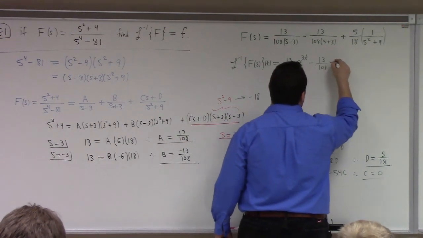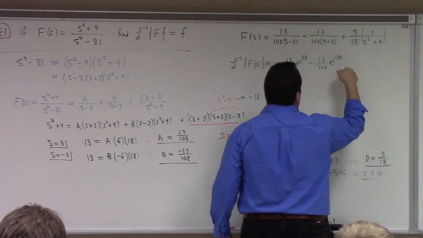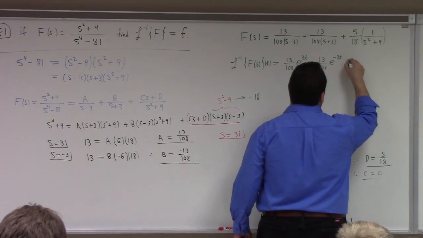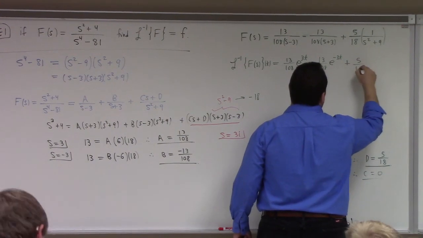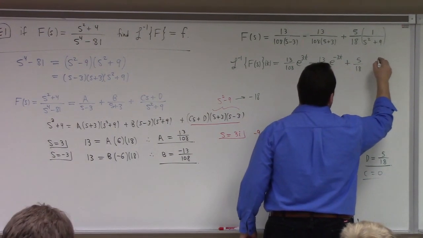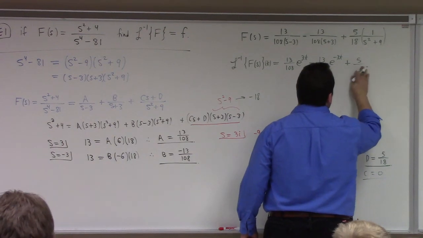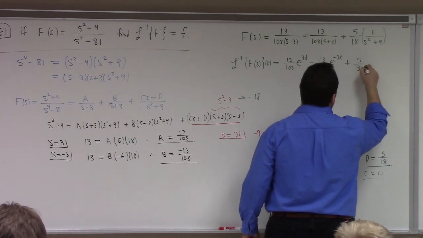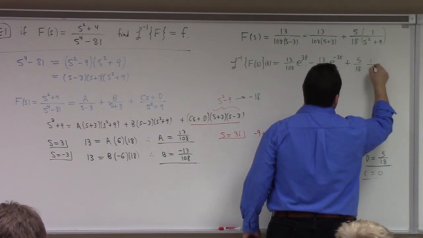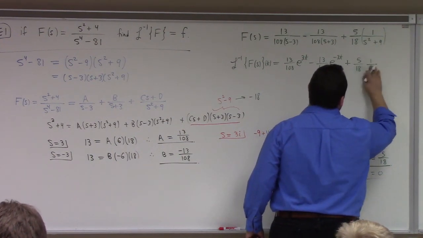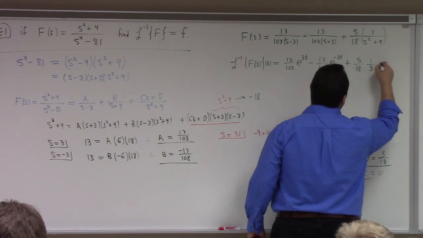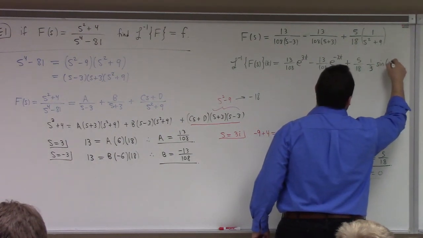This gives me an e to the minus 3t. And this guy is 5/18. And that's actually going to be 5/3. No, wait a minute. Yeah, 5/18. I'm sorry, I can't do math. Times 1/6. Still bad. 1/3 sine of 3t.